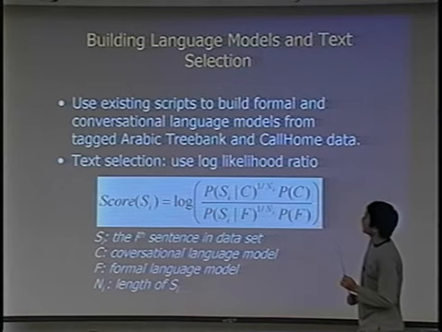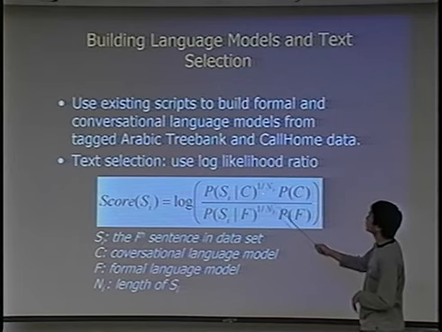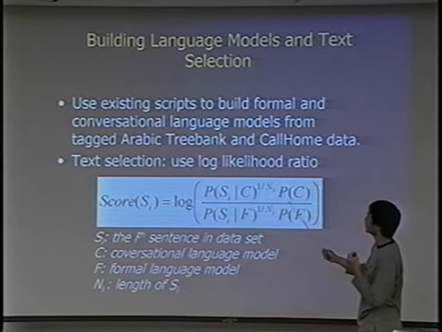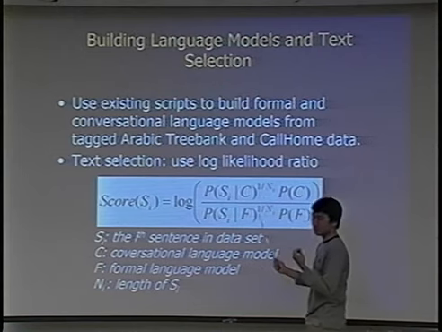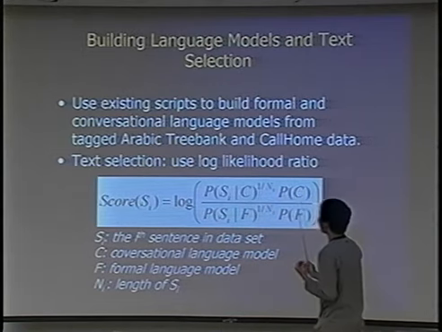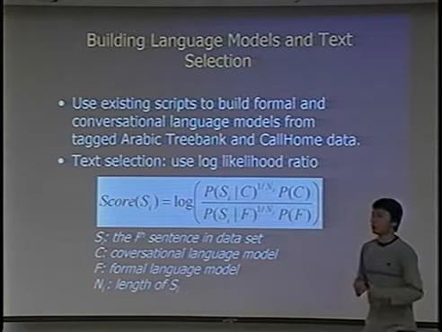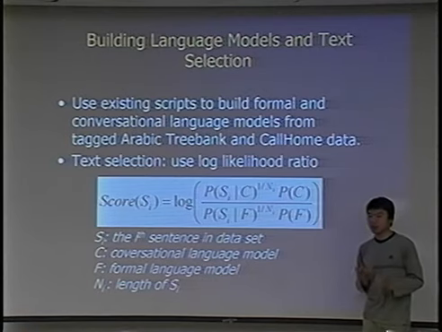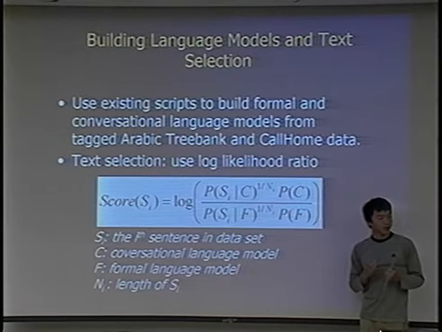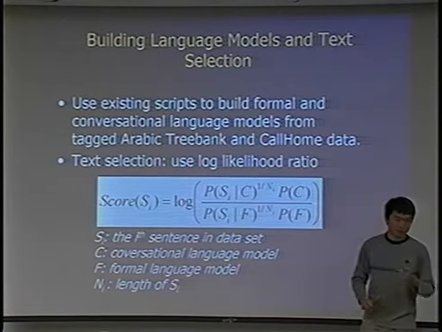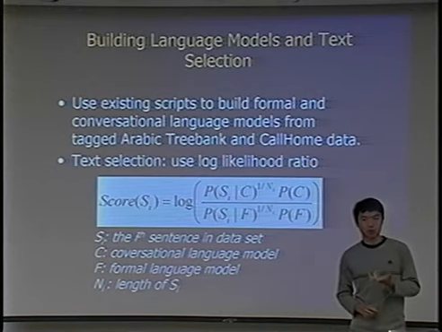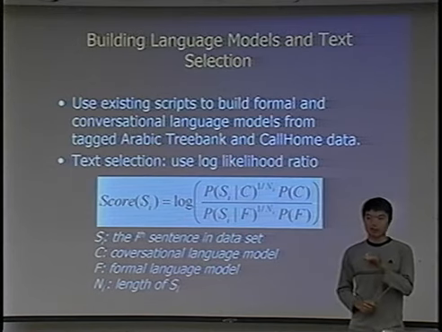And I assign a score to each sentence from Al Jazeera using the log likelihood ratio. So a score of greater than 0 means that particular sentence is more likely to be conversational than formal.